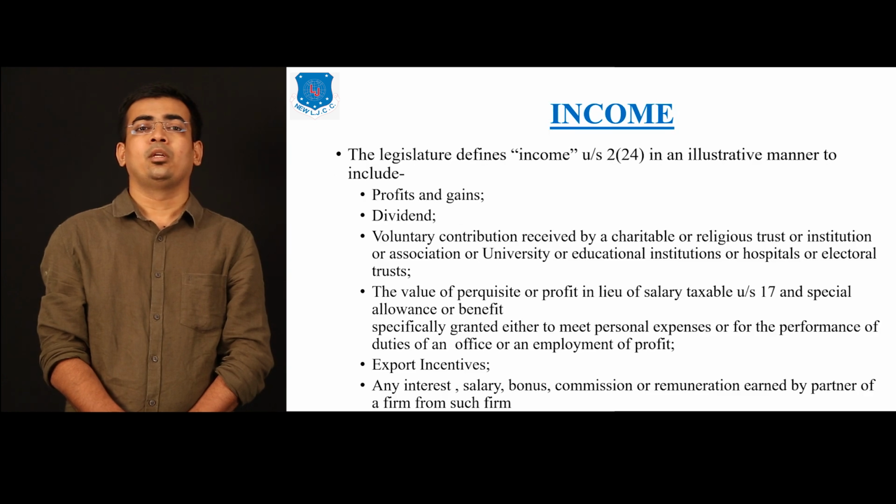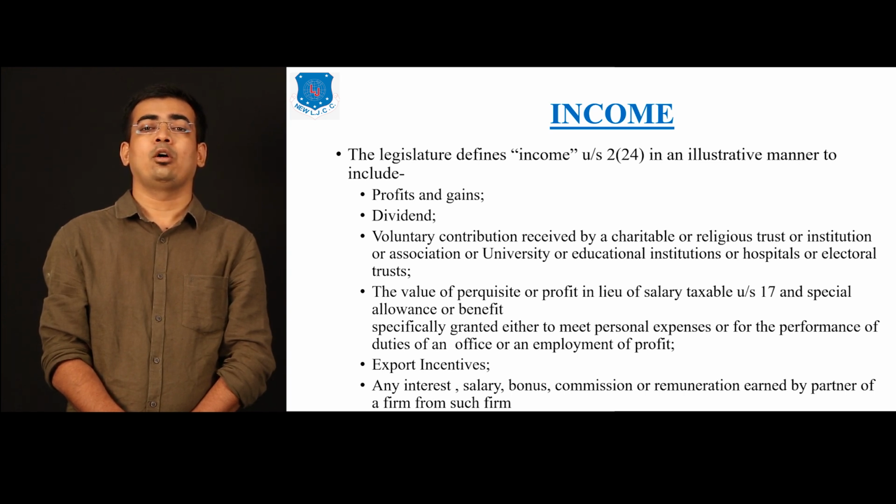Income. The legislature defined income under Section 2, subsection 24 in an illustrative manner to include profit and gain, dividend, voluntary contribution received by a charitable or religious trust or institution or association or university or educational institution or hospital or electoral trust.